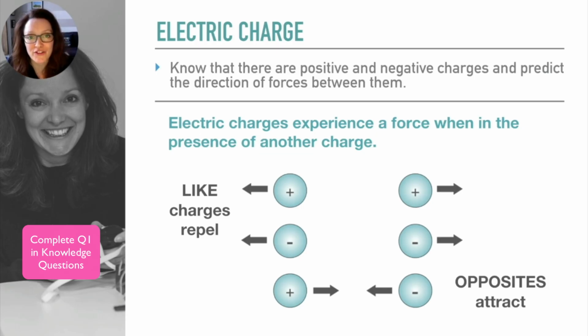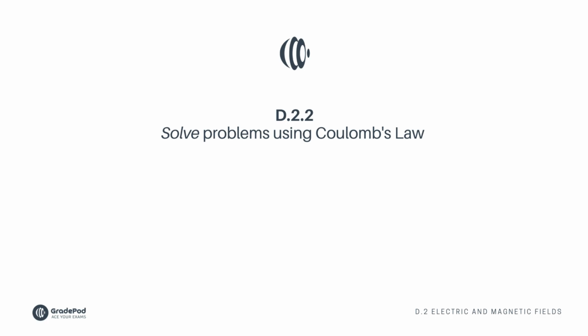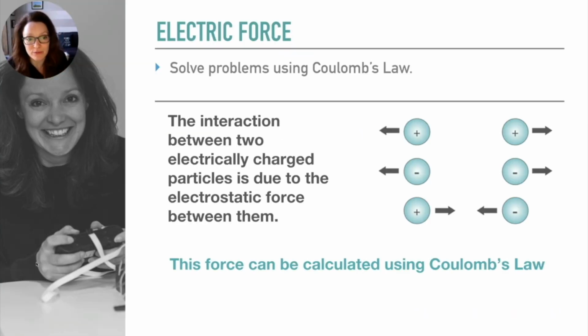So we dealt with the first learning objective that was shown on my sheet. The next learning objective was to solve problems using Coulomb's law. I'm going to explain how Coulomb's law came about, and we're going to do some problems on solving Coulomb's law. The interaction between two electrically charged particles is due to the electrostatic force between them.